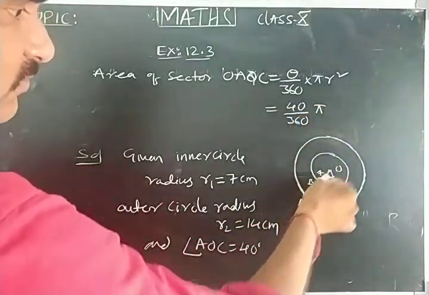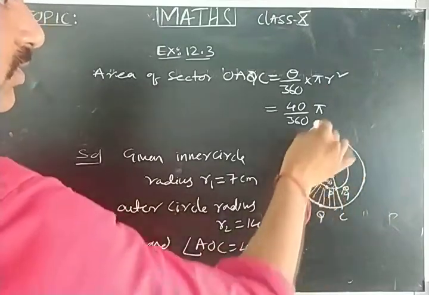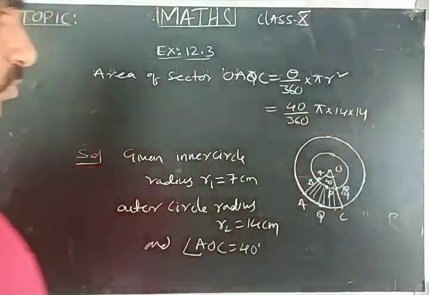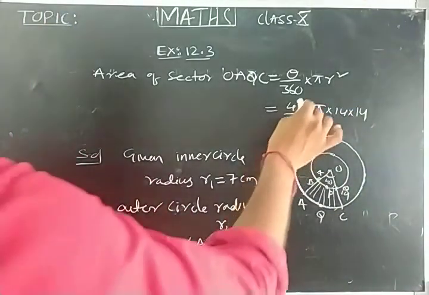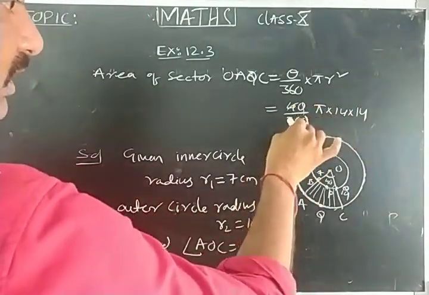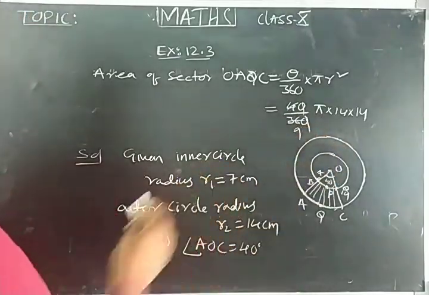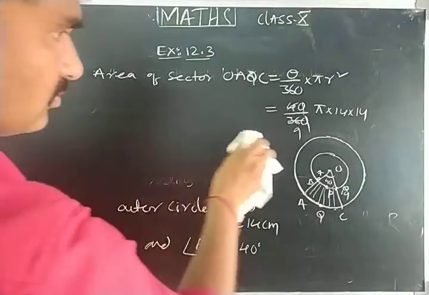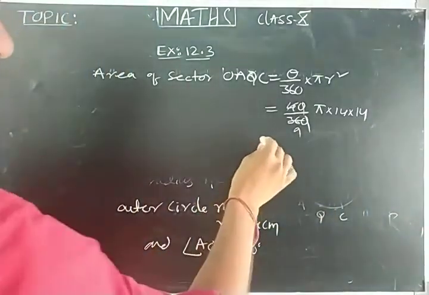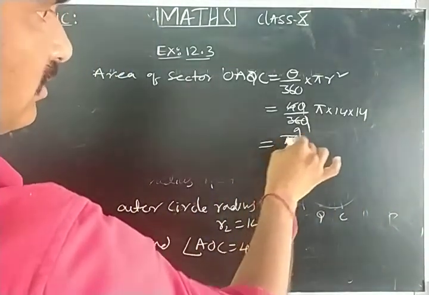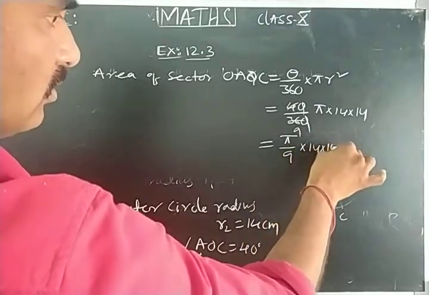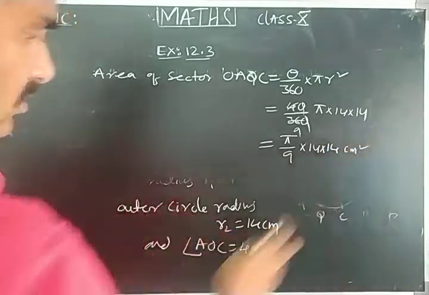What is the radius of the outer circle? 14. So here 14 into 14. 40 by 360, 0, 0 cancel, 4 9s are 36. So what is the area now here? Pi by 9 into 14 into 14 centimeter square.